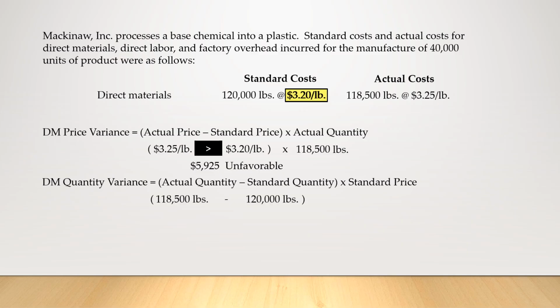Multiply that difference by the standard cost per pound of $3.20. The math works out to $4,800 favorable. Again, the actual quantity of materials used is less than how much we anticipated using.